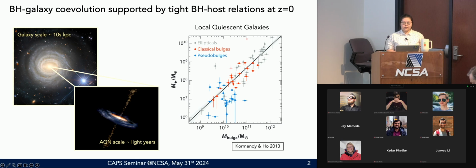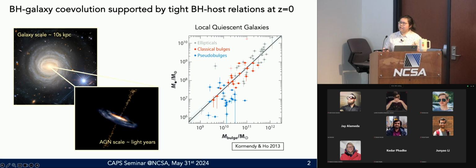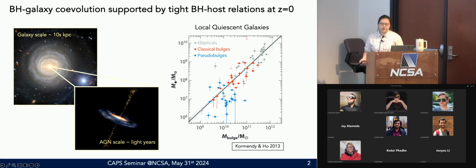And yeah, this is really interesting because the AGN itself is only like a few light years in scale, compared to the host galaxy, which is a few tens of kpc. But somehow on these drastically different scales, they know about the growth of each other and kind of step together and then form this tight black hole host galaxy relation at redshift 0, like in the local universe.